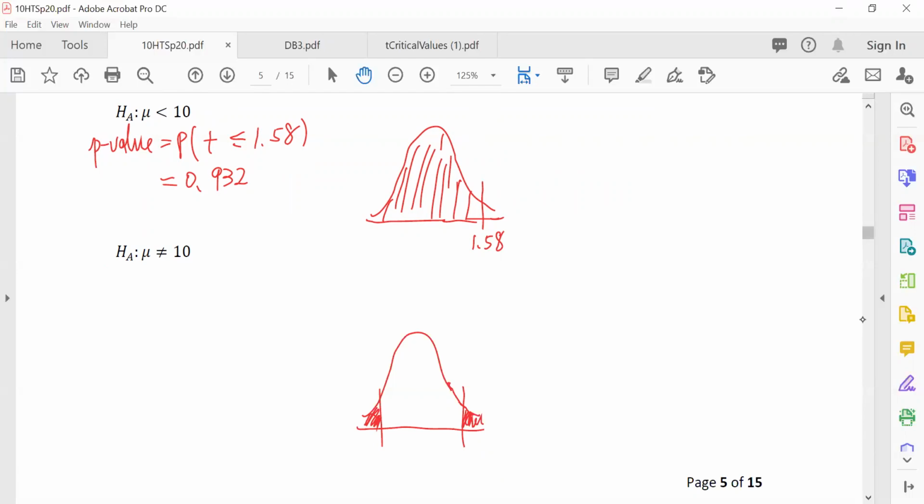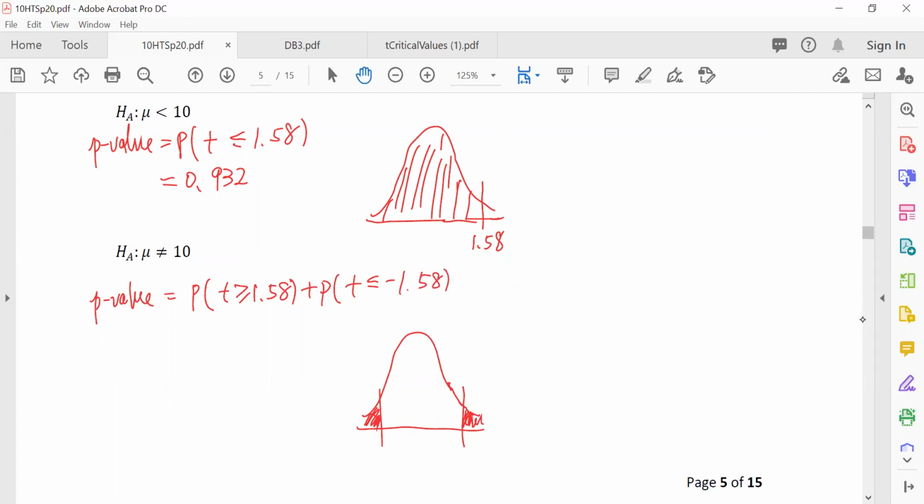So the p-value is the probability that t is greater or equal to 1.58 plus the probability t is less or equal to negative 1.58.